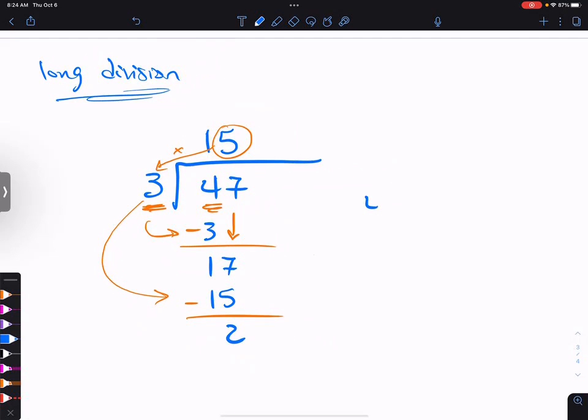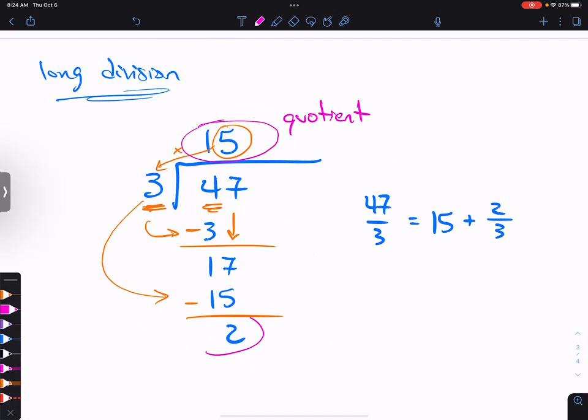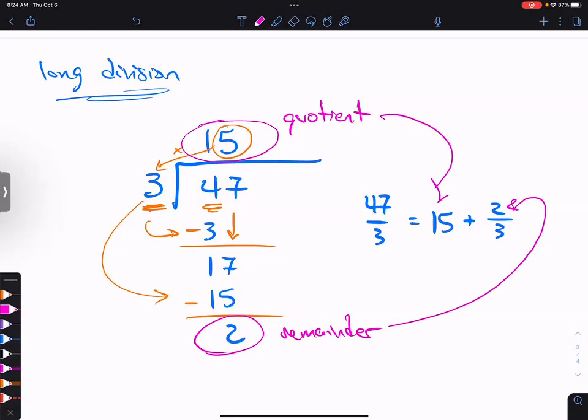So 47 divided by 3 is 15, remainder 2, so plus 2/3. Quotient and remainder. Okay, so that's how it works for dividing integers.